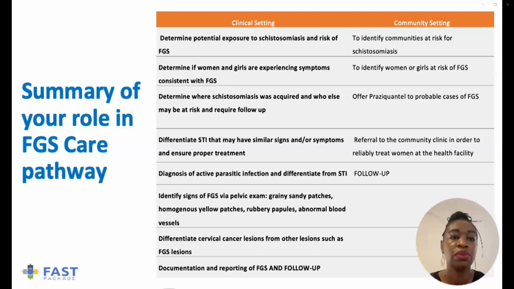So I will let you read this, and as we're doing the discussion in the next webinar, we can really tease out what your role is, because you have to be very clear on what your role is, so that you either escalate or refer to the next level and the patient gets what they need.